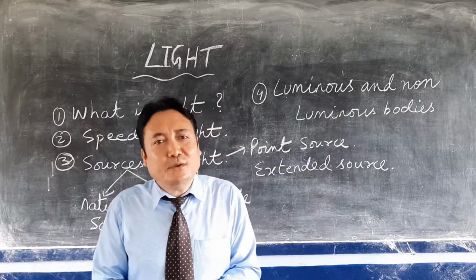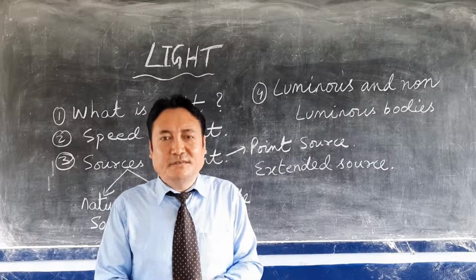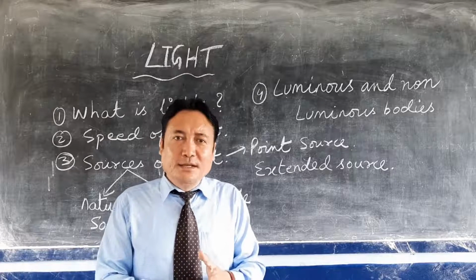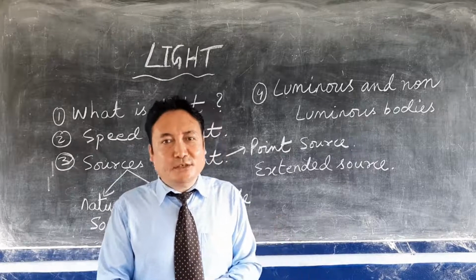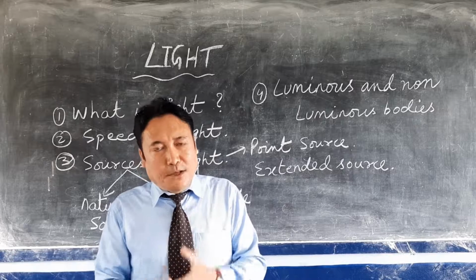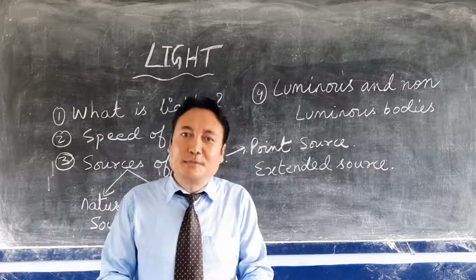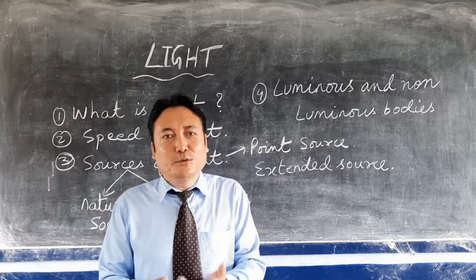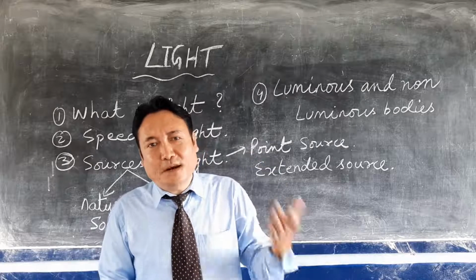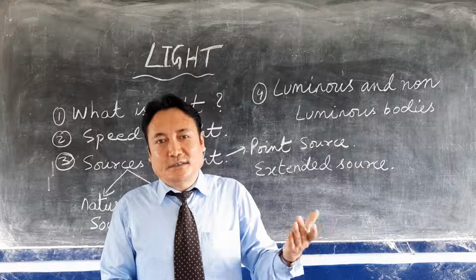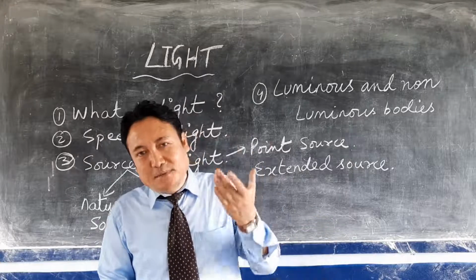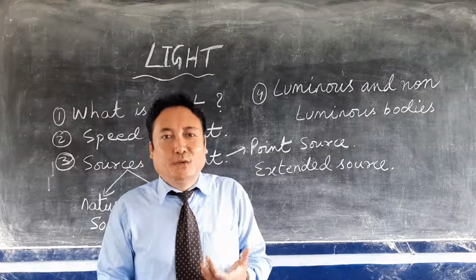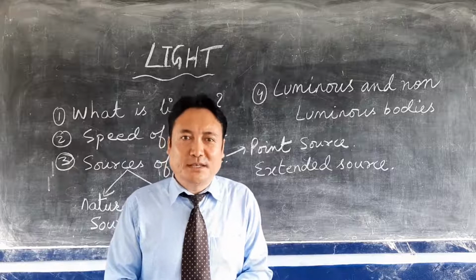So without light we cannot stay, we cannot live. During the day we depend on the natural source of light, and when it becomes dark, we depend upon the artificial source of light. From sunrise till the night before we go to bed, we are totally depending upon light.